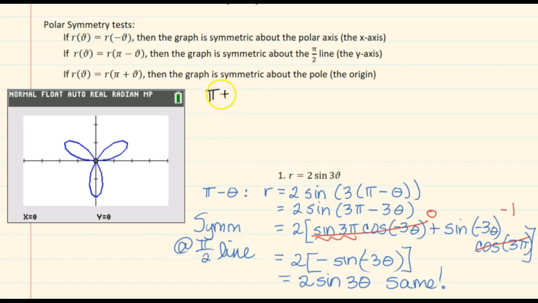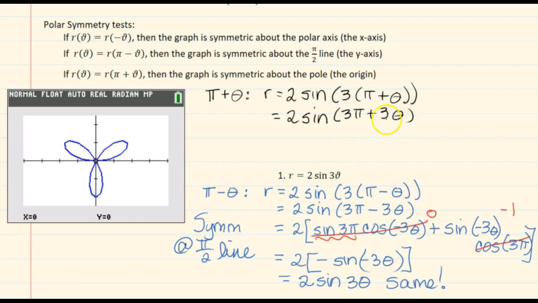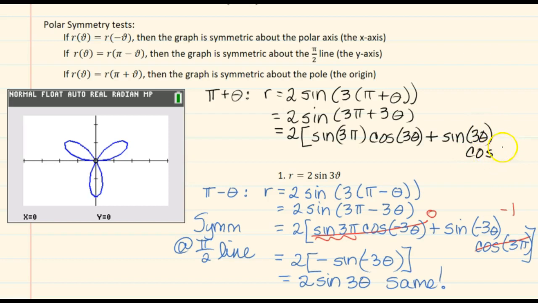Finally, let's plug in pi plus theta into our equation. We're going to get r is equal to 2 times sine of 3 times the quantity pi plus theta. I'm going to use the distributive property, so I get 2 sine of 3 pi plus 3 theta. We're going to use the sum formula for sine, so I get 2 times sine of 3 pi cosine of 3 theta plus sine of 3 theta cosine of 3 pi.